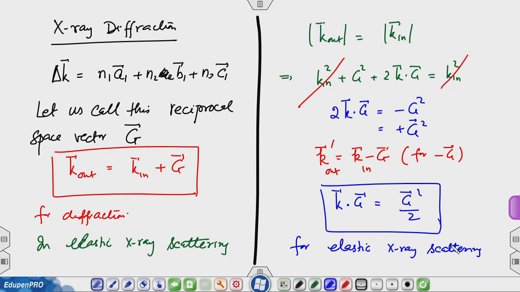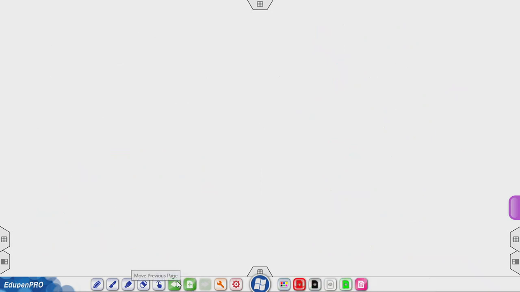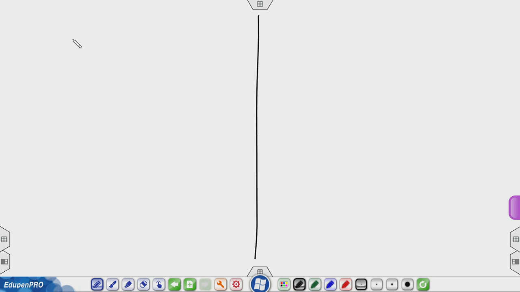By elastic X-ray scattering means there is no loss of energy, therefore, the frequency and the wavelength of the scattered X-ray remains the same. So, we have got one more condition for X-ray scattering. Let us now geometrically interpret them. Let us write the conditions first.